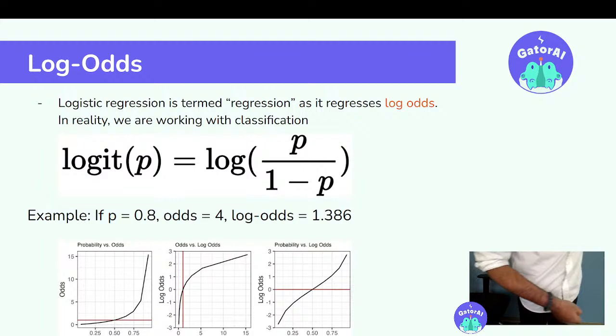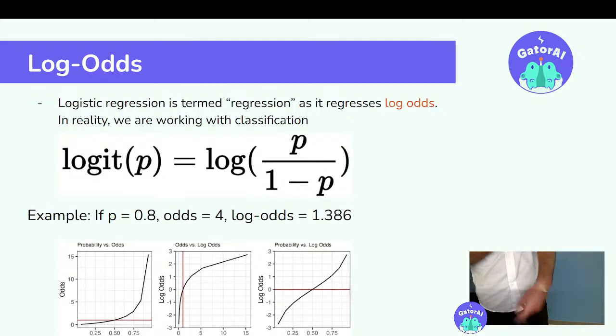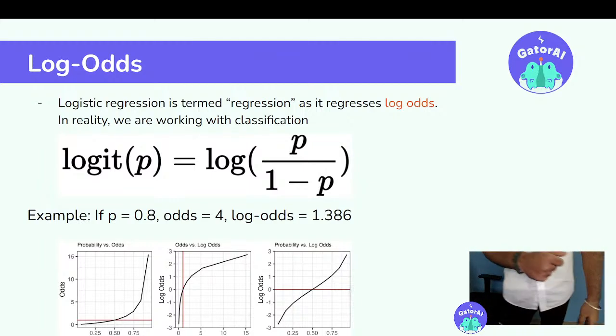So we have 3 graphs here: probability, odds, and probability again. On the left, you see how the odds blow up, going exponentially higher as it approaches 1. This is why we don't want raw odds, and instead we want log odds, as seen in the graph all the way to the right.